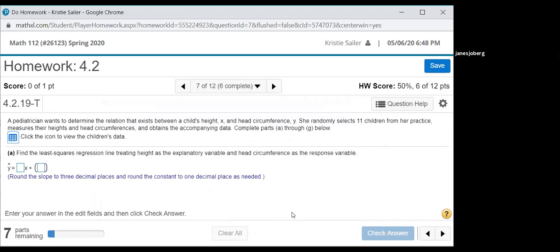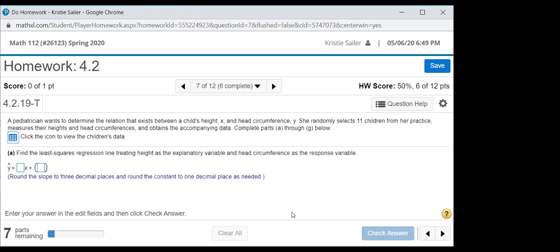Yes. This is telling you to do the same thing in different words. This is saying, get the regression equation, and all this verbiage after it says, treating height as the explanatory variable.